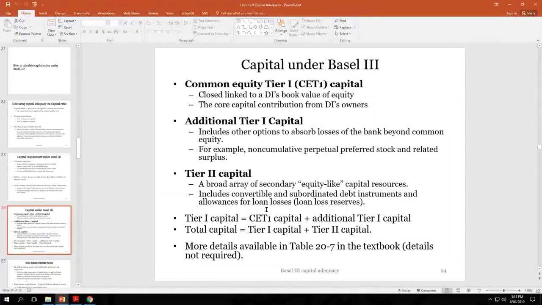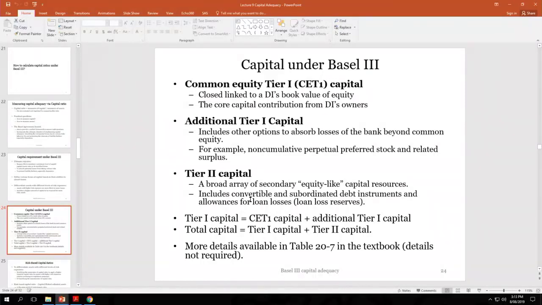Right? So to understand loan loss reserves, you need to know a little bit of accounting. So that's a contra asset account sitting under the asset side of a bank's balance sheet, right? That comes from accrual basis accounting, and they are reserves set aside by the bank to cover future expected loan loss. So those loan losses haven't been realized yet.